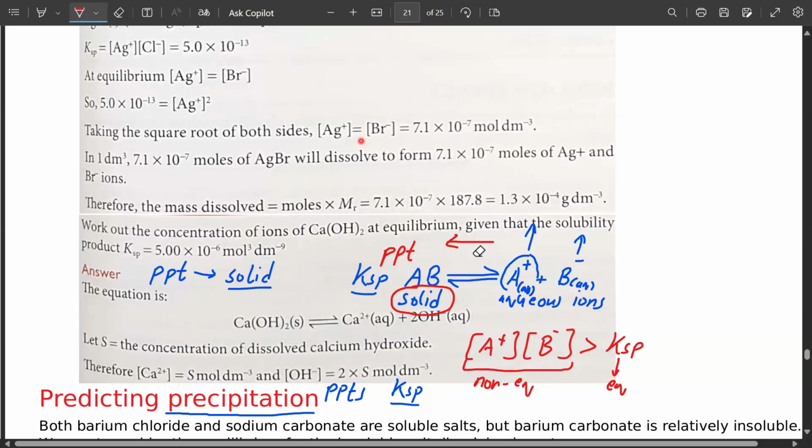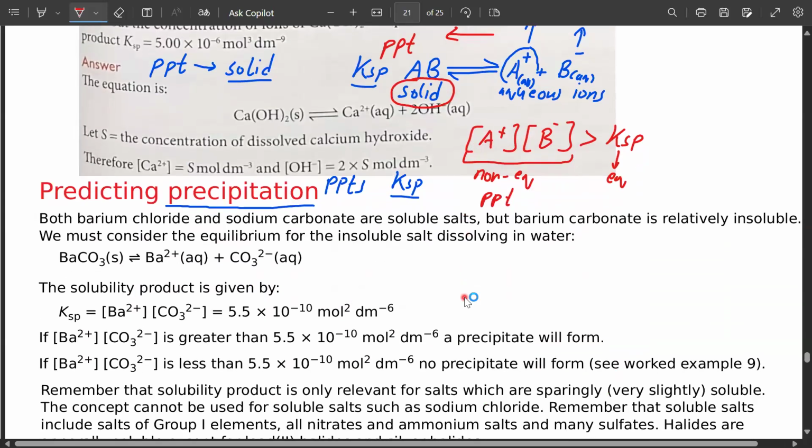Ksp was applied when we had the equilibrium state, but if we add any particular amount of the A positive ion or the B negative ion into the solution, then it becomes a non-equilibrium state. So if the value becomes greater than the Ksp, then this would give you precipitate. So precipitate will form in this situation. Is this clear up to this point? Yeah.